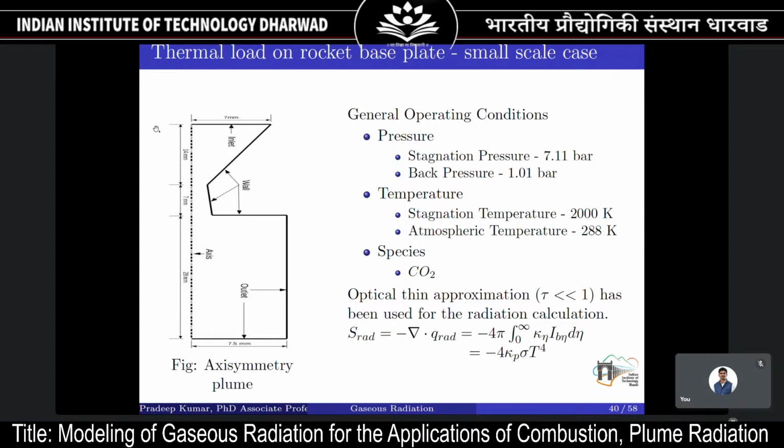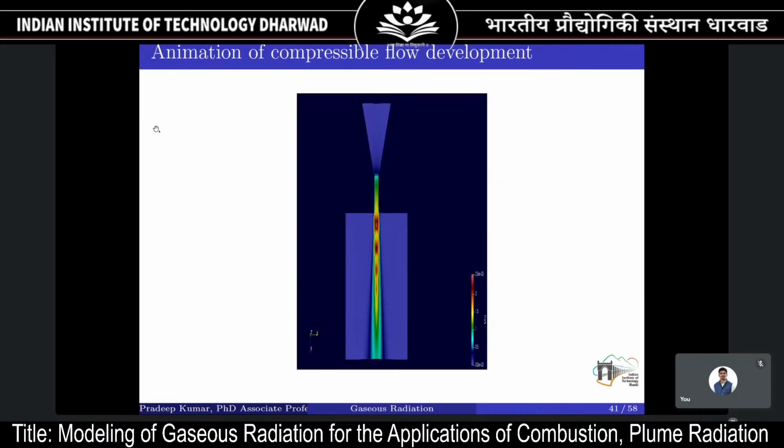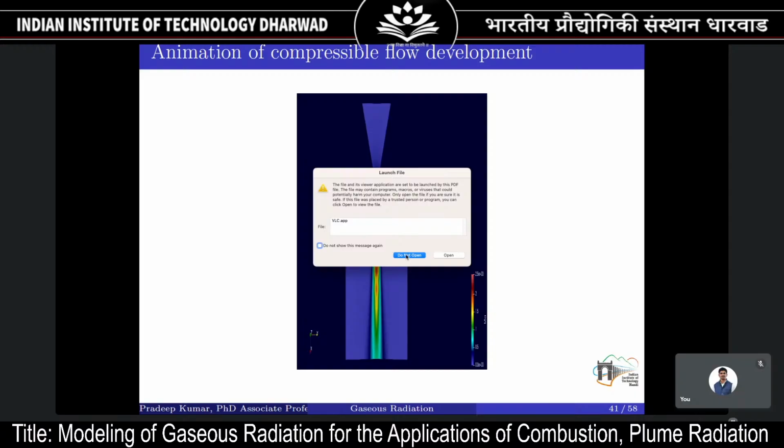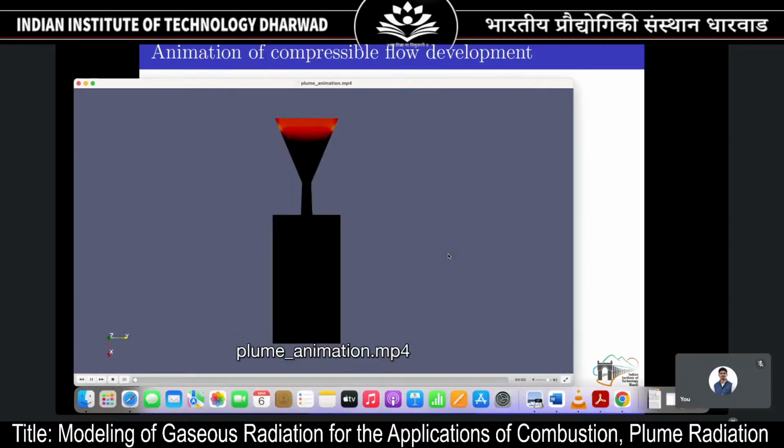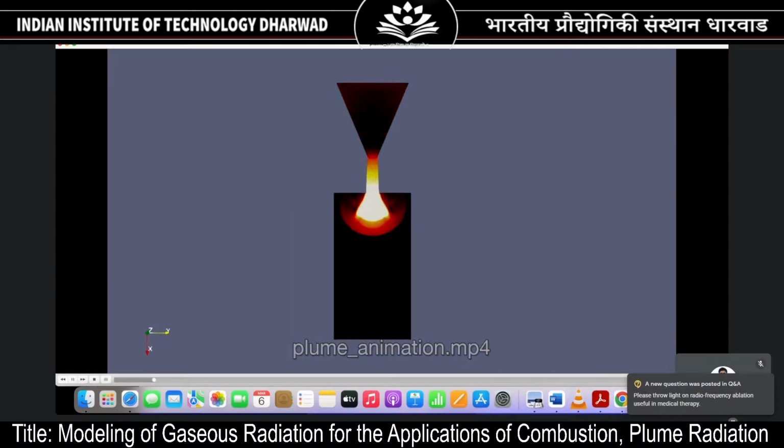With this approximation, we can use the Planck mean absorption coefficient rather than the spectral coefficient. We have coupled the flow and heat transfer model with radiation, first getting the fluid flow and heat transfer, and then coupling the radiation.